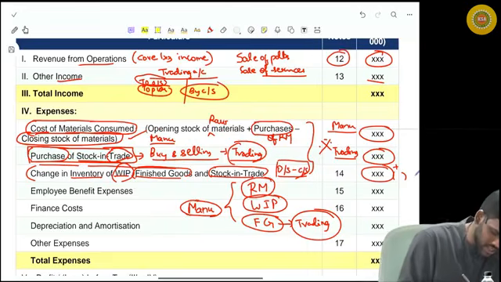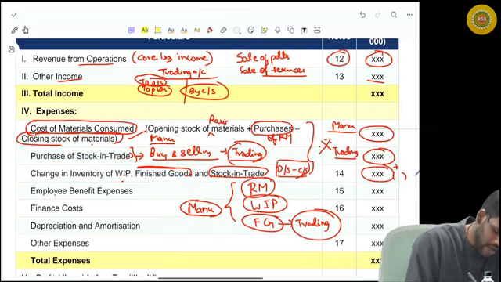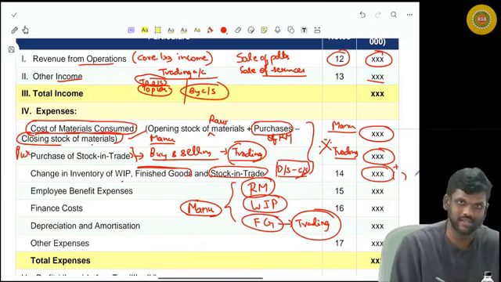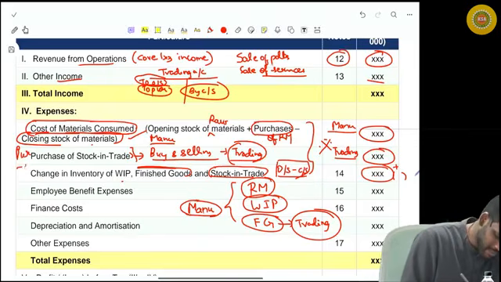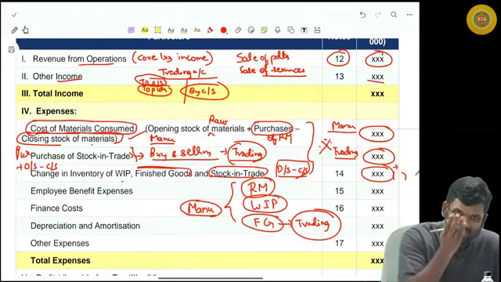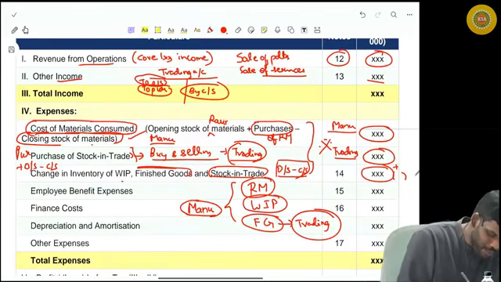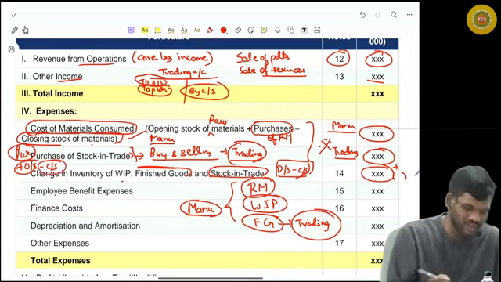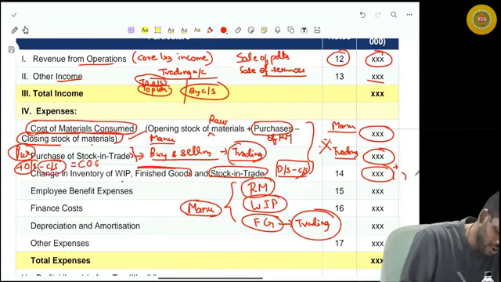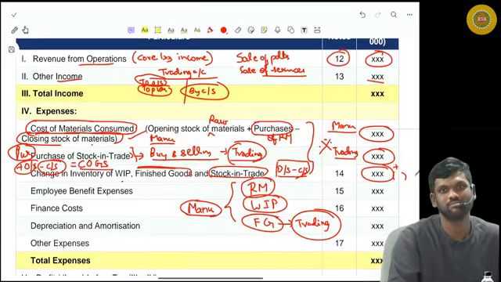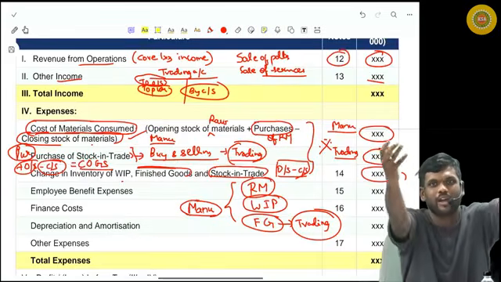So how you should see this, listen here, this is important to understand conceptually also: purchases plus opening stock minus closing stock. Basically, what I am doing is opening stock plus purchases minus closing stock. If I do that, I will get cost of goods sold. That I will compare with revenue, and I will get the profit.